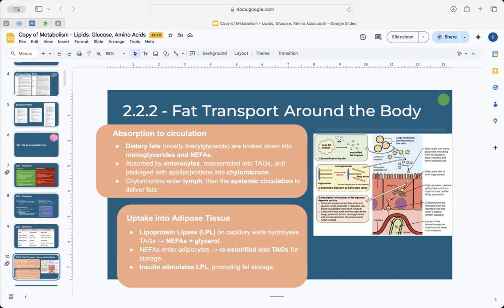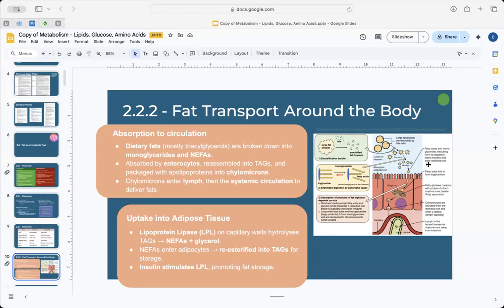Starting with fat transport around the body. So absorption to circulation. Our dietary fats are going to be broken down into smaller bits, so monoglycerides and fatty acids. They're absorbed by enterocytes, reassembled into TAGs, and packaged with apolipoproteins into chylomicrons.